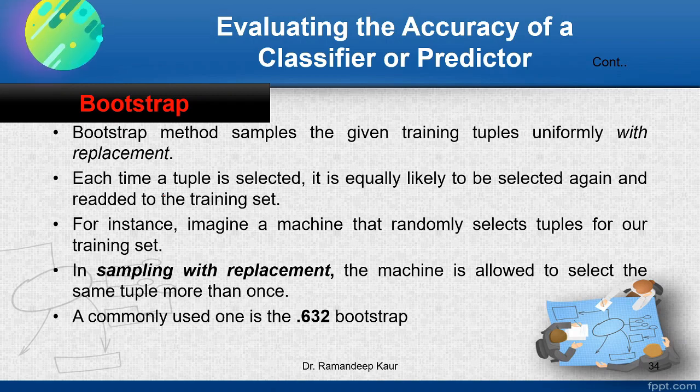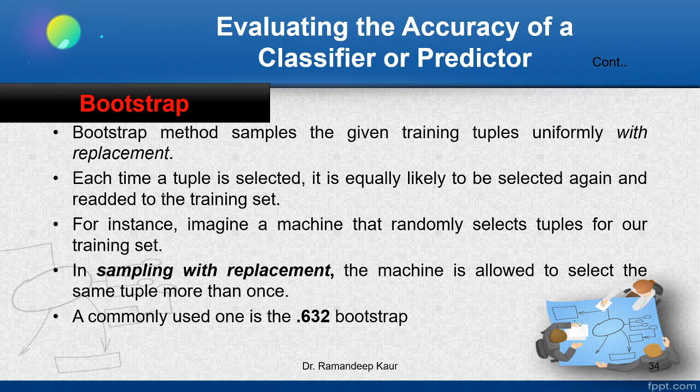If I put the same ball back in the bag, there are chances that next time the same ball will be picked and I will count it again. That is called with replacement. Without replacement means that when I have seen the color, I do not put it back. We use this type of technique for training our data set.